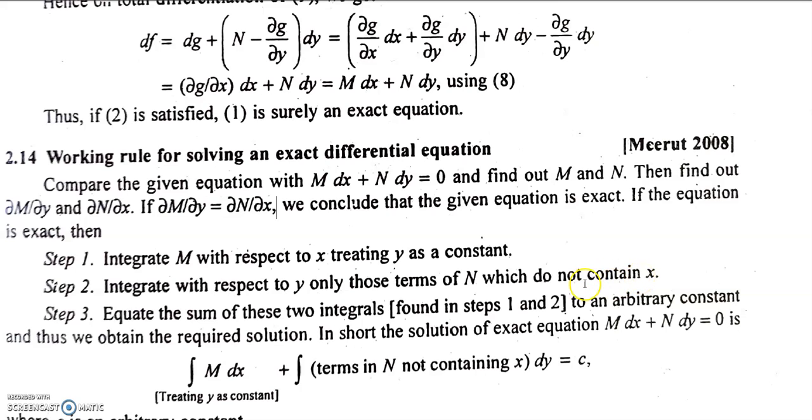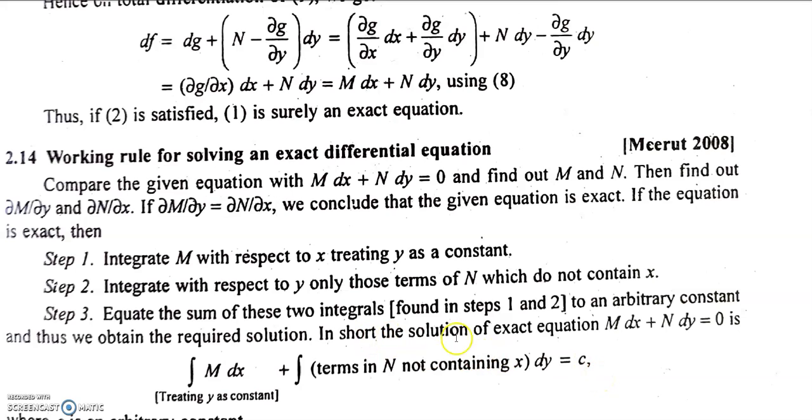Remember these things. First, we integrate M with respect to x considering y as constant, and second, we integrate with respect to y only those terms of N which do not contain x. That means only the y terms we will integrate. And after that we will take it equal to c.